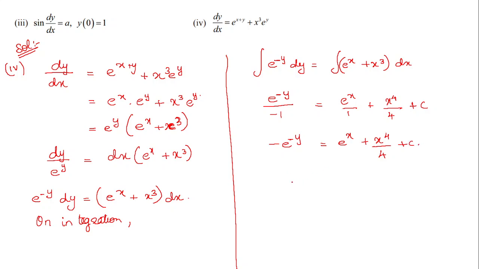So we can take c to the other side. We'll have minus c is equal to e power x plus e power minus y plus x power 4 by 4. Since c is some constant, we need not keep it as negative. So we can have e power x plus e power minus y plus x power 4 by 4 is equal to some constant c. That's it.